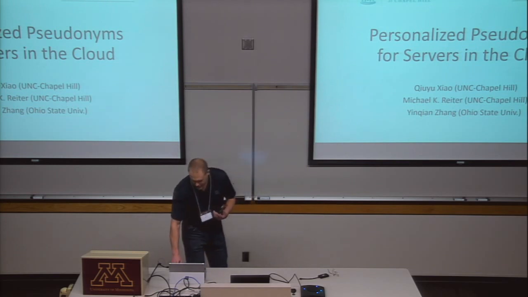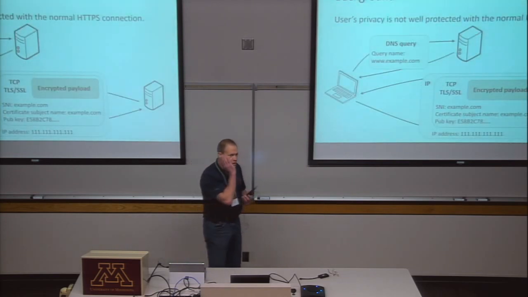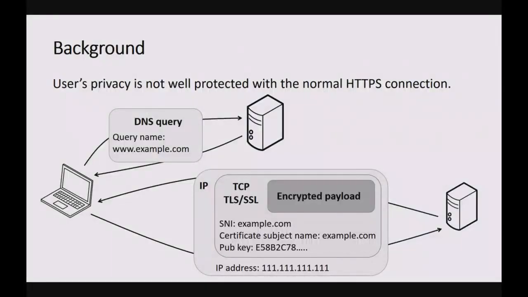I guess it won't come as a surprise to folks in this room that TLS does a great job of protecting payload security, but it doesn't maybe do a great job of protecting the privacy of the users, or users' privacy when they're accessing different servers. The reason for that really arises from a variety of fields that get transmitted in the clear over the network.